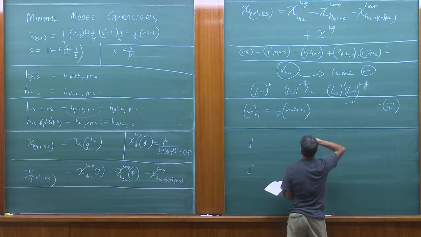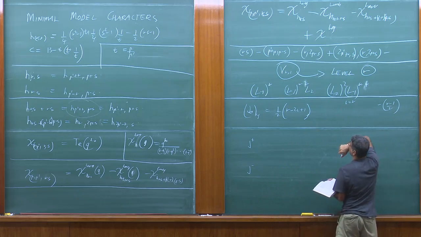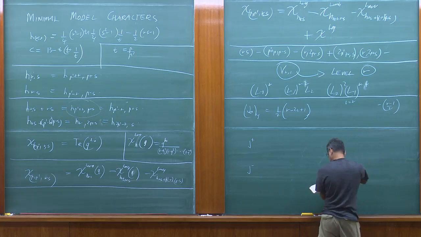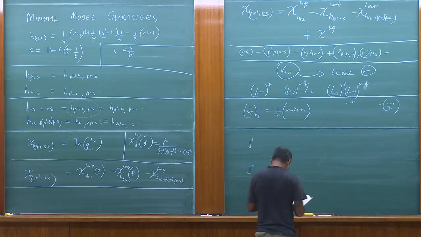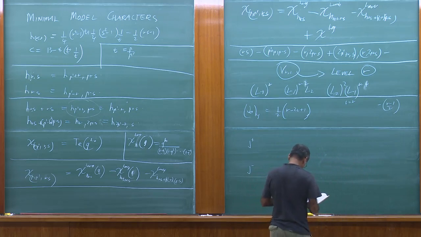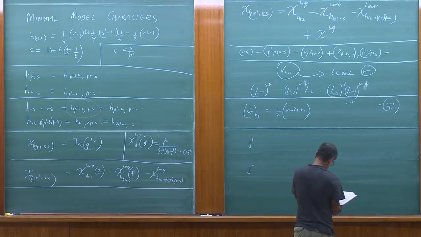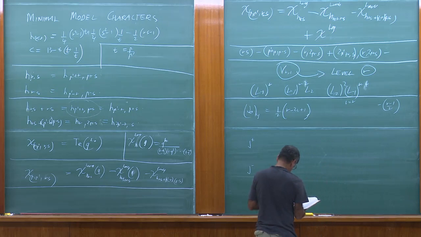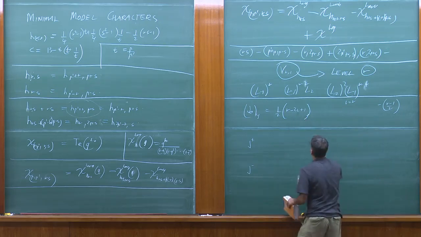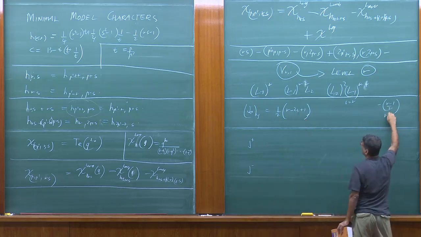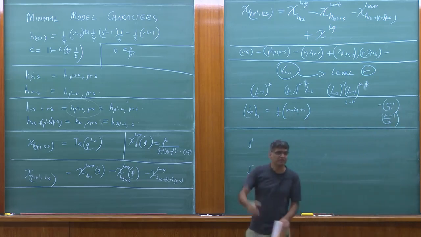At i equals 1, we get (R-1)/2. So the range of i goes from 1 to R.